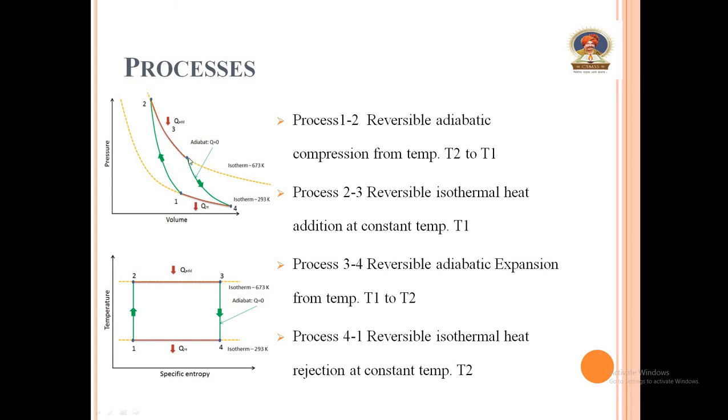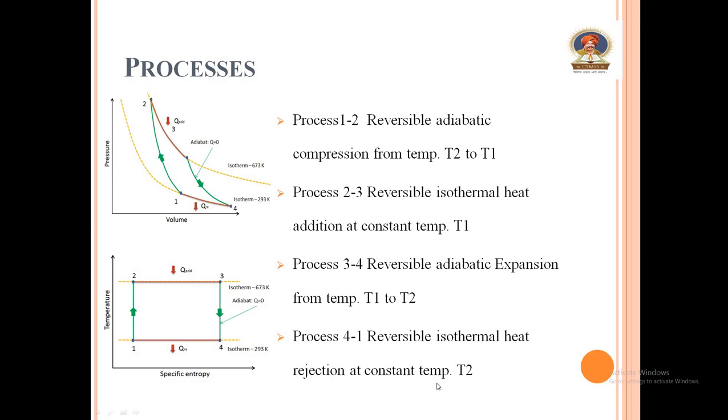So you can see from point 3 to 4, pressure decreases and volume increases, but entropy remains constant. That's why it is an adiabatic process. The temperature goes on decreasing from T1 to T2 level.